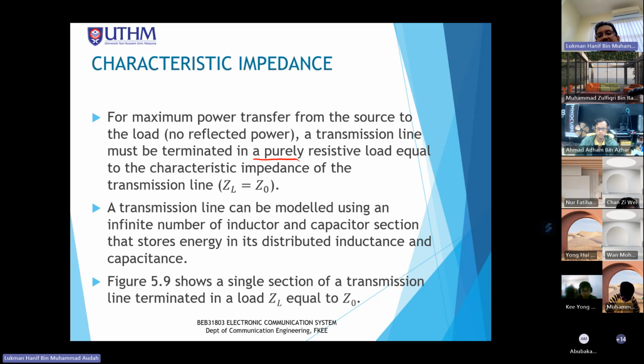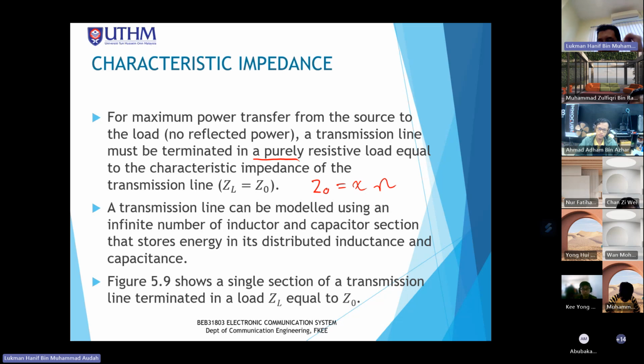If you see the value, it is normally within 50 to 75 ohms, and the characteristic impedance is a purely resistive value without the reactance.